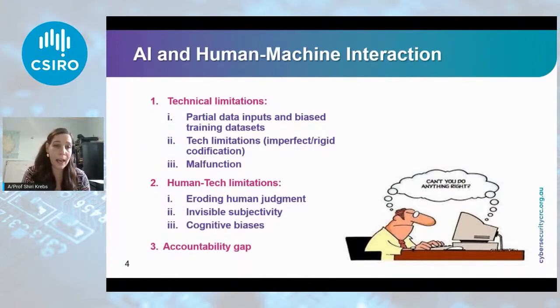And thirdly, I'm happy to talk more in the Q&A on some of the cognitive biases that are triggered by technology, including representativeness and anchoring biases, which make human decision making based on technology outputs not necessarily as robust as it could be, because of the inability to fully evaluate some of the limitations of those outputs.